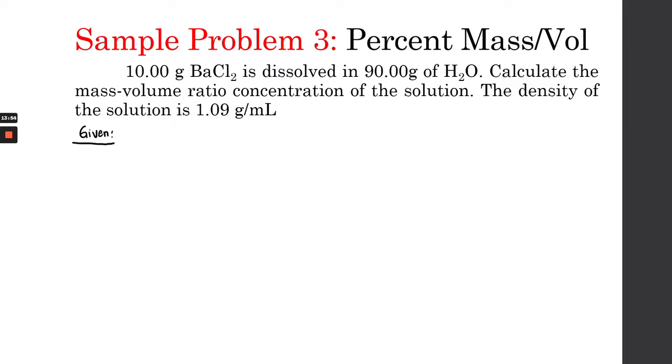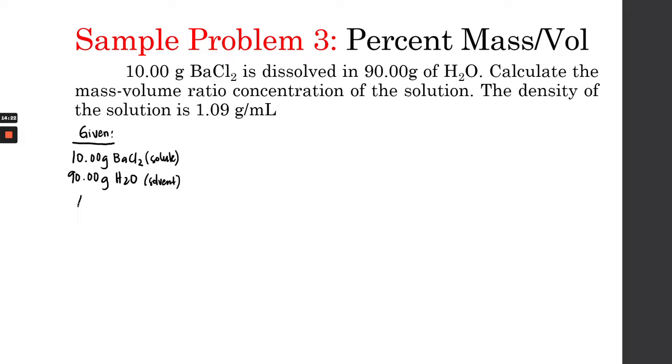In this scenario, we are given 10 grams of BaCl2, and we are given 90 grams of H2O. Understand what these are. This H2O is basically our solvent, while this BaCl2 is our solute.